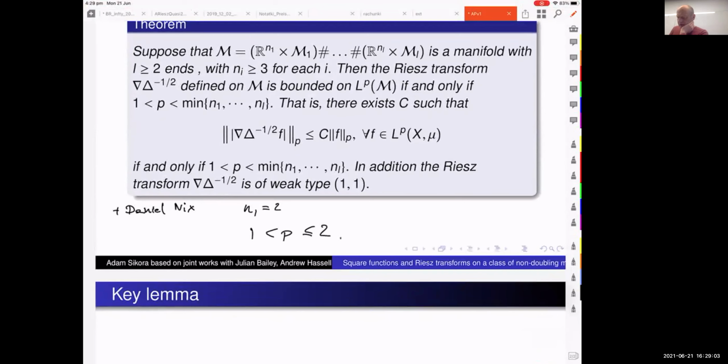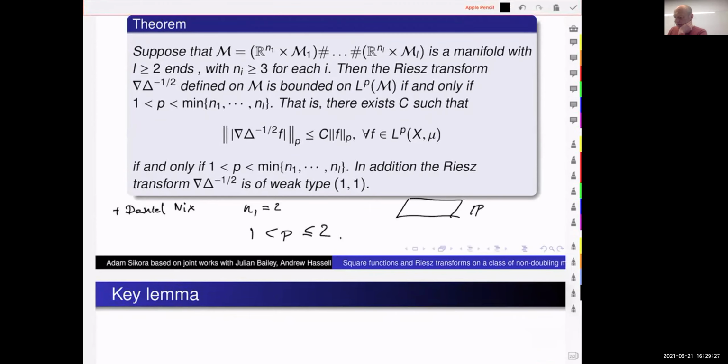Interestingly, there is quite a big difference with the two-dimensional case: when the dimension is bigger or equal to 3, there is always a bounded harmonic function, right? So think about, say, a connection of R3 with R3.